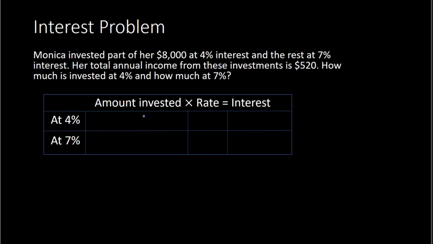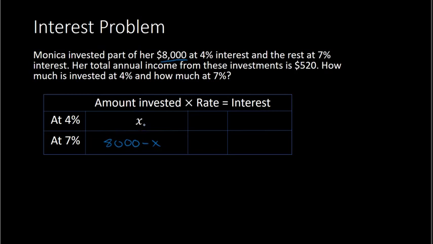So for the amount invested, we know that the total is going to be $8,000 that she invested. So part is in the 4% and part is in the 7% investment. If I let the amount invested at the 4% interest be represented by x, then the amount at the 7% interest would be $8,000 minus x.